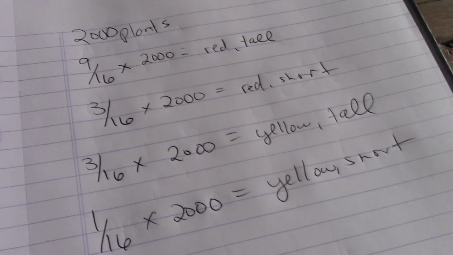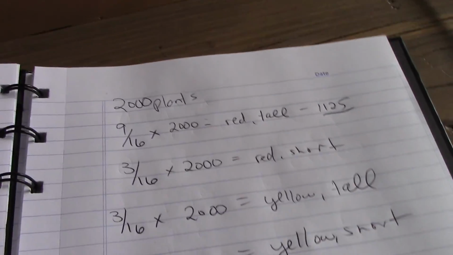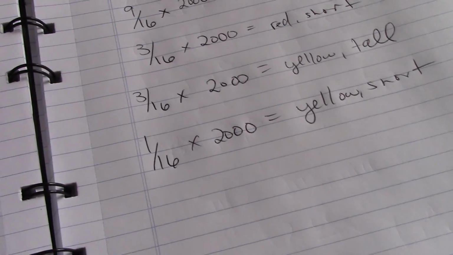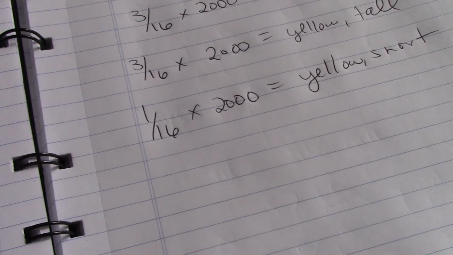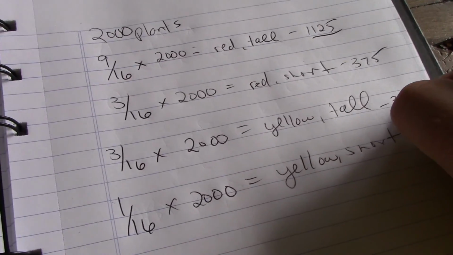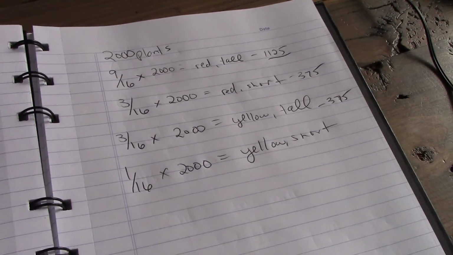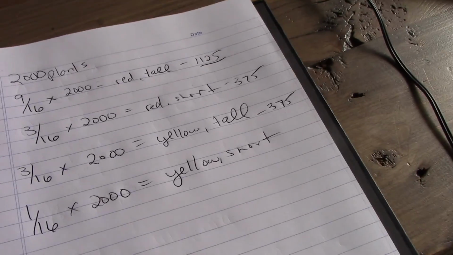And if I do that math, I will have 1,125 individuals that are dominant for both phenotypes. You should have about 375 individuals that are dominant for the first and recessive for the second, and recessive for the first and dominant for the second.